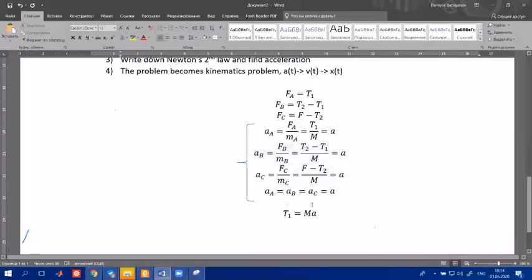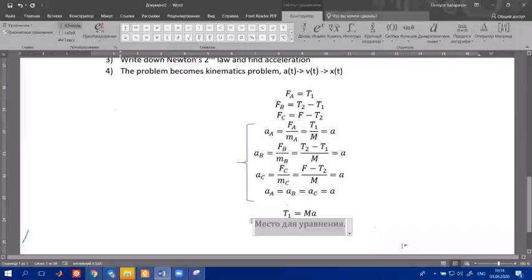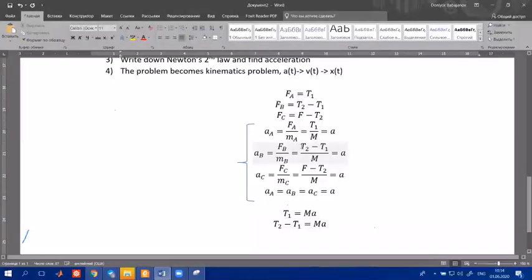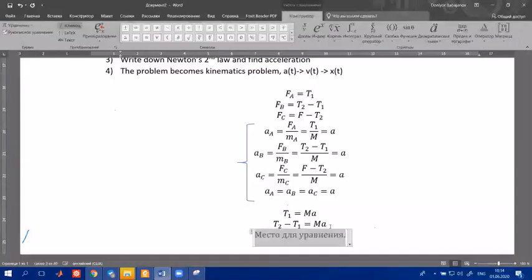And from the second equation, we can write that T2 minus T1 is also ma. So T2 minus T1 is m multiplied by a. And from the third equation, F minus T2 is equal to ma.